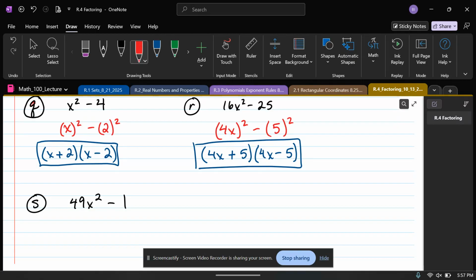So I see a squared thing happening there. What squared gets me 49x squared? 7x. What squared gets me 1? 1. A lot of folks forget that 1's a square number as well. Just because it's so simple, we just forget it.